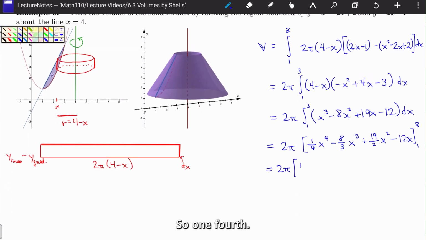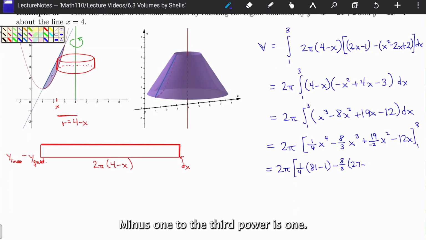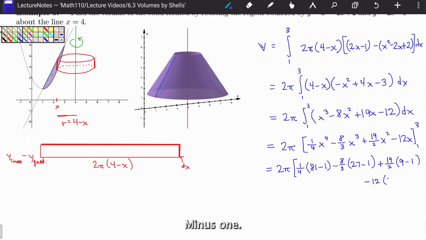So 1/4 times 3 to the 4th power is 81, minus 1 to the 4th power is 1. Minus 8/3 times 3 to the 3rd power is 27, minus 1 to the 3rd power is 1. Plus 19/2 times 3 squared is 9, minus 1 squared is 1, and then minus 12 times 3 minus 1.